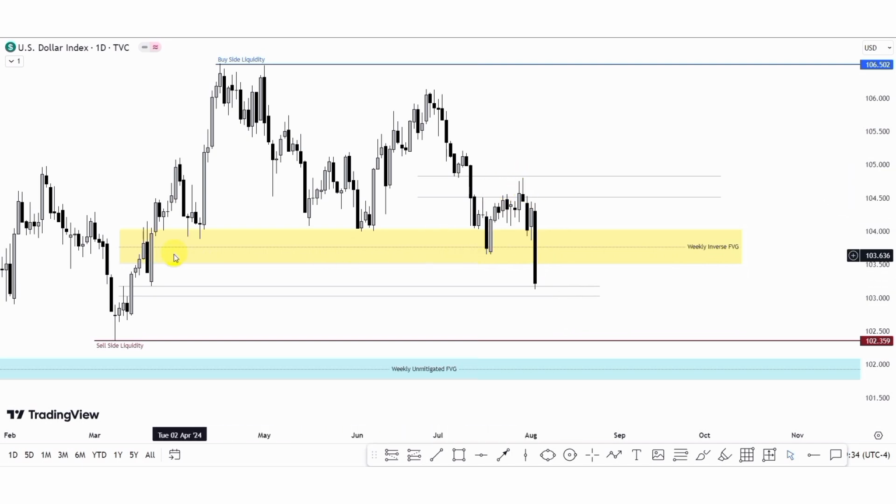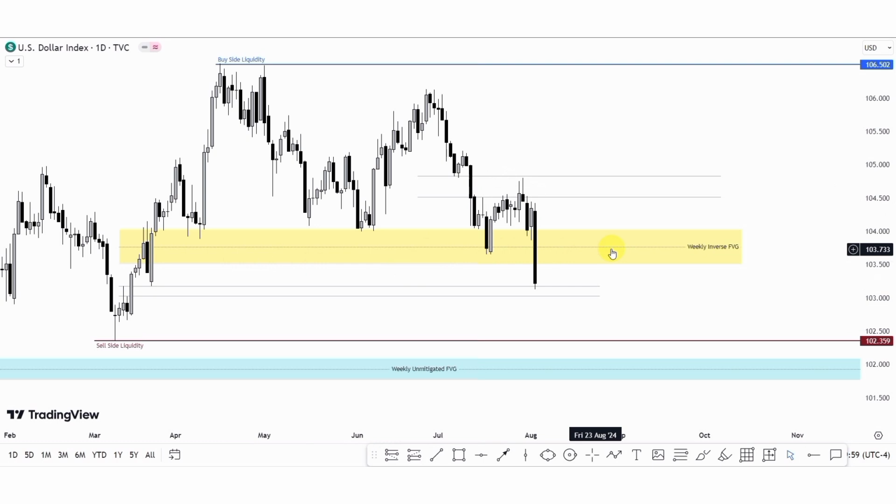So we can also see that we saw this other block when price returned, mitigated this other block and gave us the push of price. Now you can see in confluence to the weekly inverse fair value gap, we have this other block and also this sponsorship candle that gave us the movement to the upside that raided this buy side liquidity and mitigated the fair value gap.